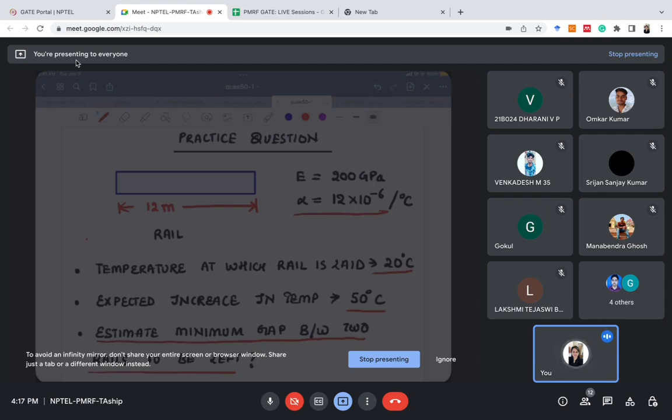The length of rail is 12 meter. E is given 200 GPa. Are the units correct? Please check.